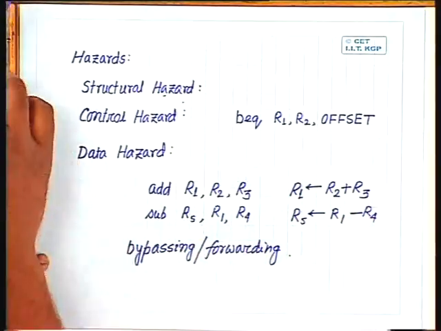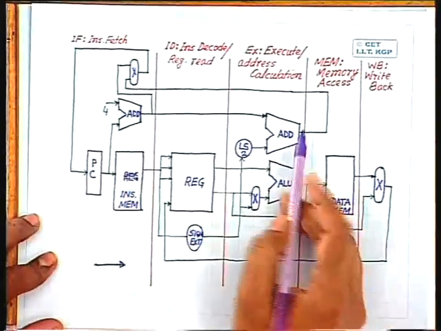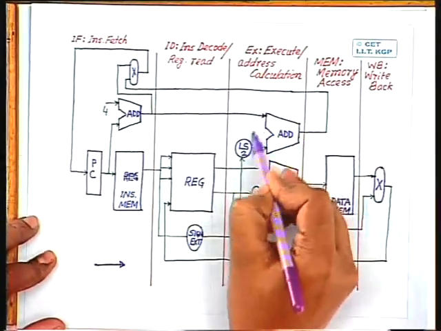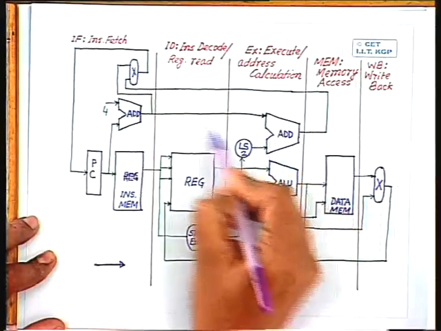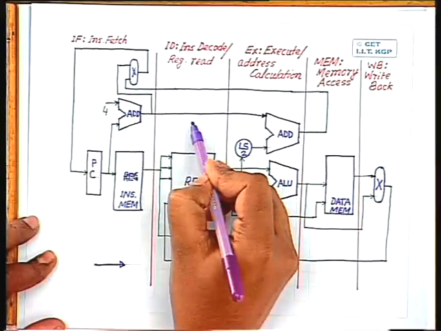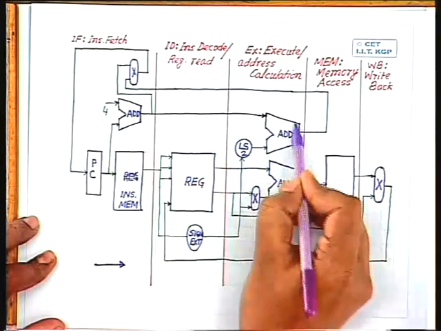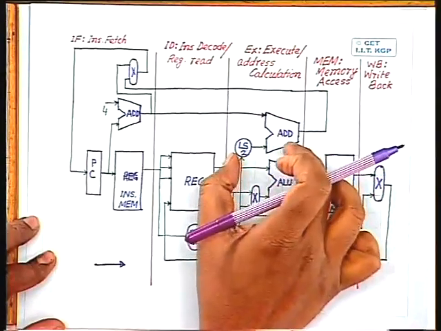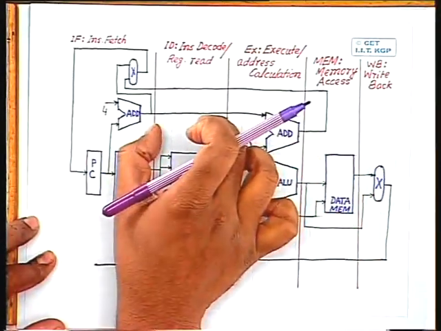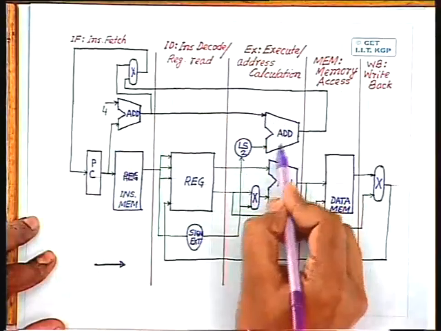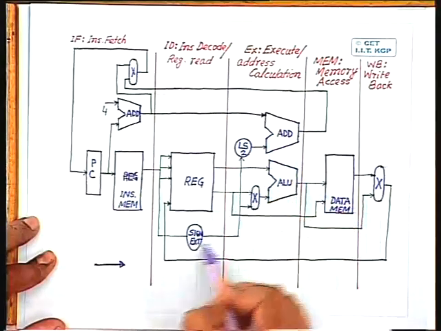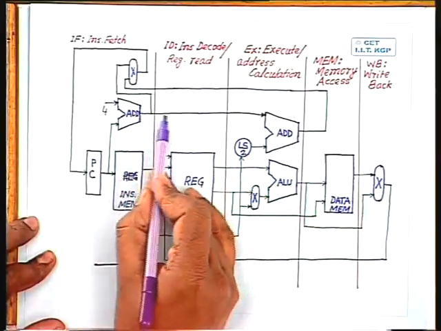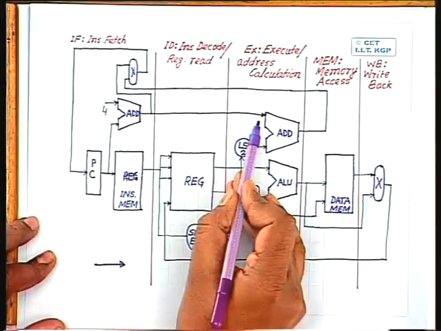But what can be done is, in such cases, I can move this adder, which is used for computation of branch address, from this stage to this stage. Right now, this adder is in the execute stage. If I move this from the execute stage to the ID stage, because even in the ID stage, all of them are available, whatever is this offset, that is available, whatever is the next program counter value, that is also available.